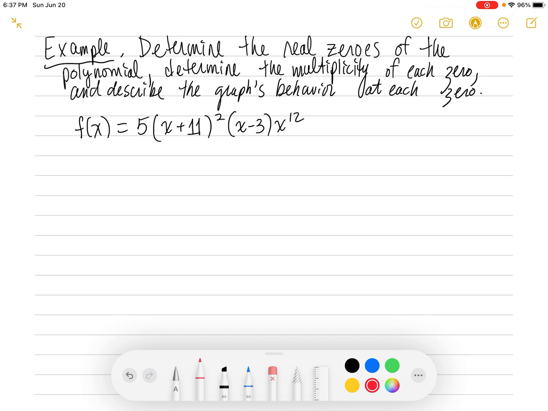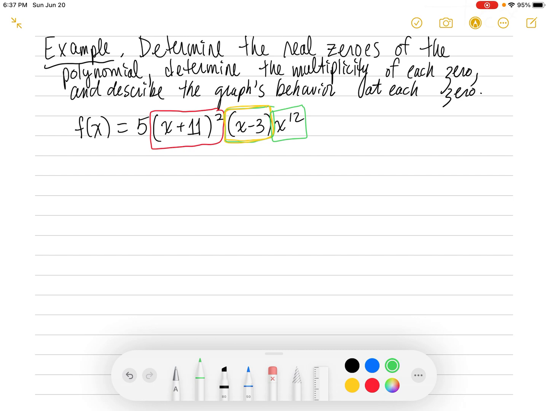Okay, so I want to first determine all my real zeros. I'm going to call the first factor red, the second factor yellow, and the third factor green.